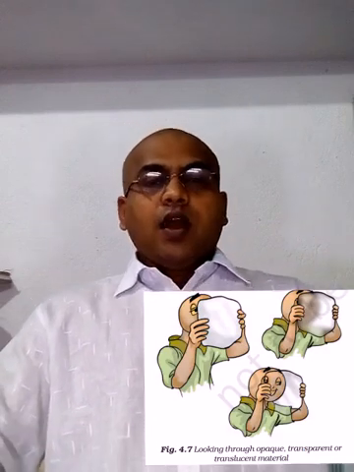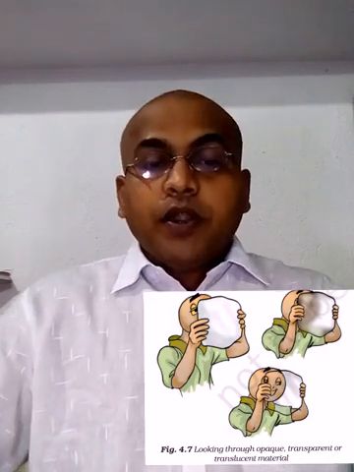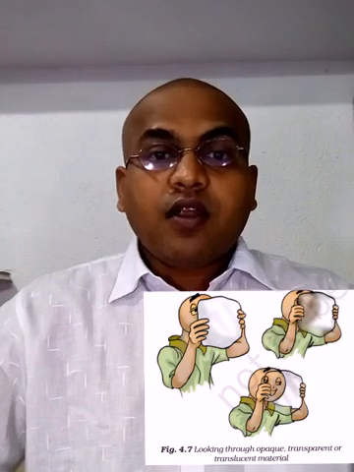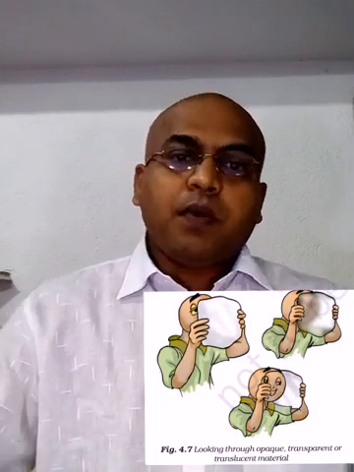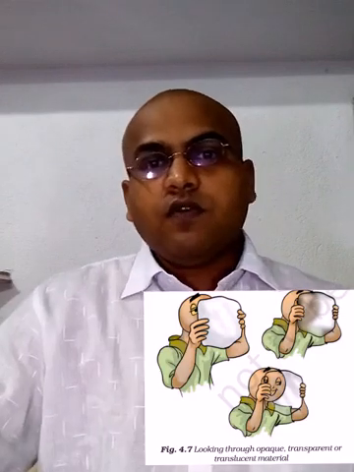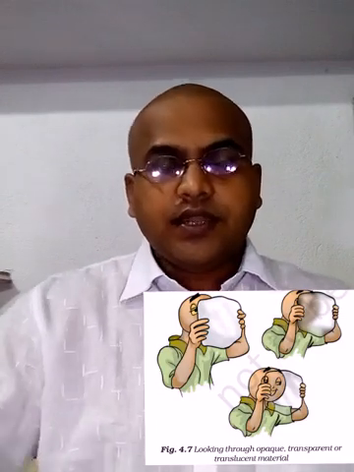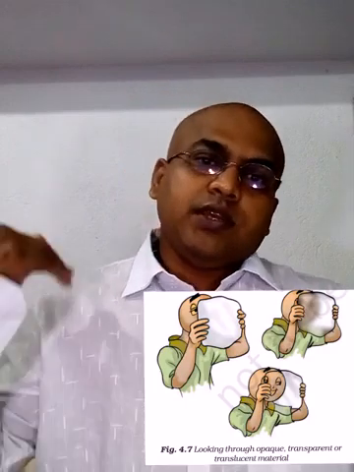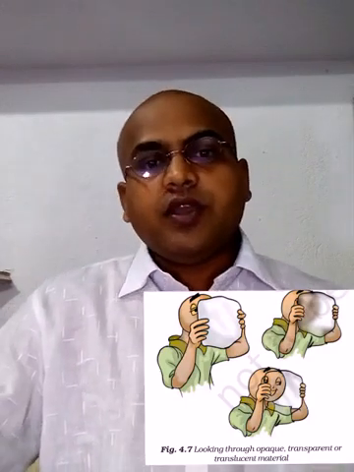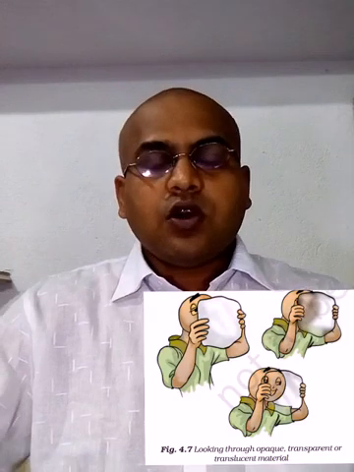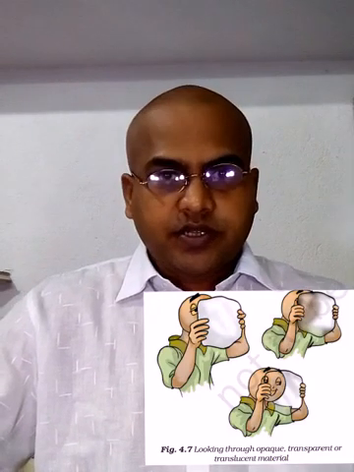So here comes the property of material that is called transparent. That is, if light passes through a material from one side to the other side, that is, if we are able to see the other side through the material, then this type of material is called transparent material.